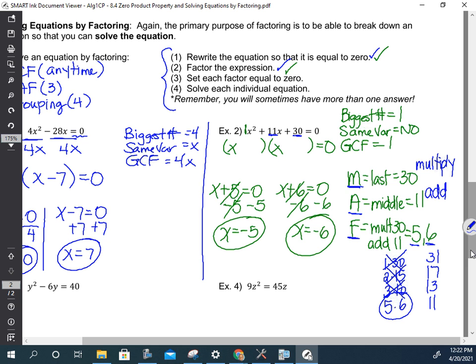The 5 and the 6 come from the two numbers that you got when you did MAF. So those two numbers are what goes into these parentheses. That's where the parentheses come from.